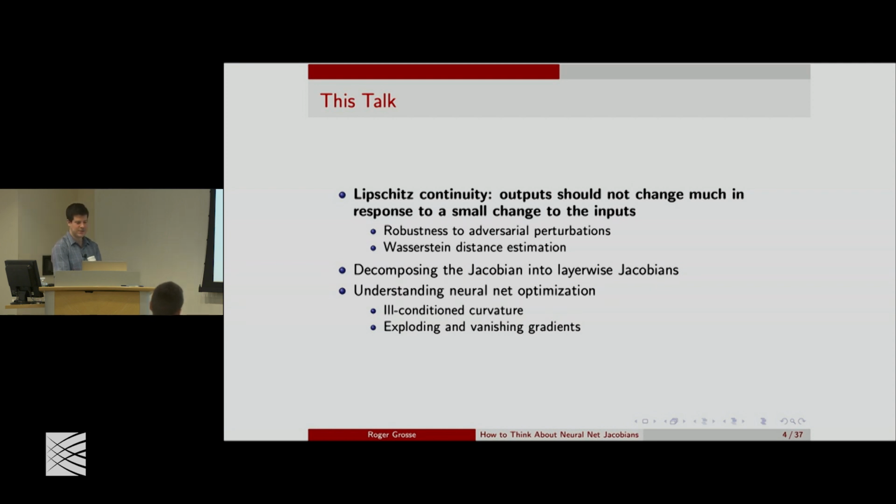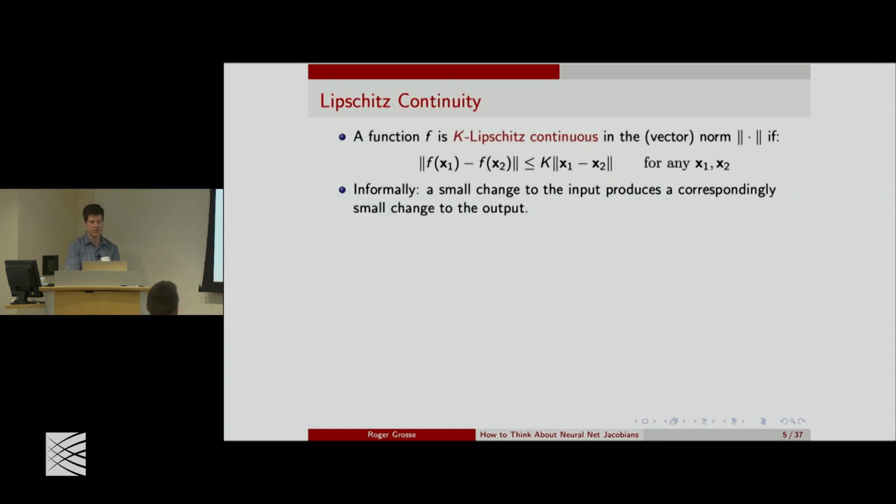So first off is Lipschitz continuity. And so the definition of Lipschitz continuity is pretty simple. So a function f is k Lipschitz if for any two inputs x1 and x2, the distance between the outputs of the function is bounded by this constant k times the distance between the inputs.